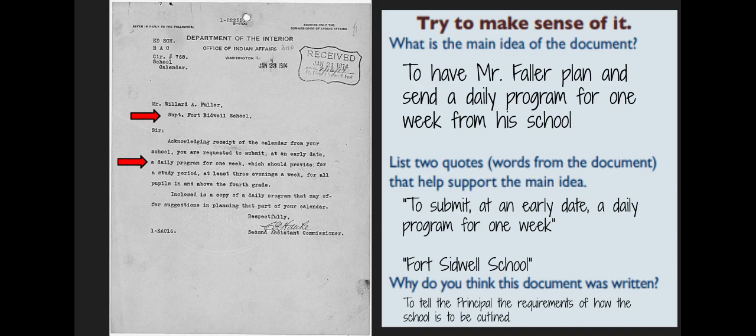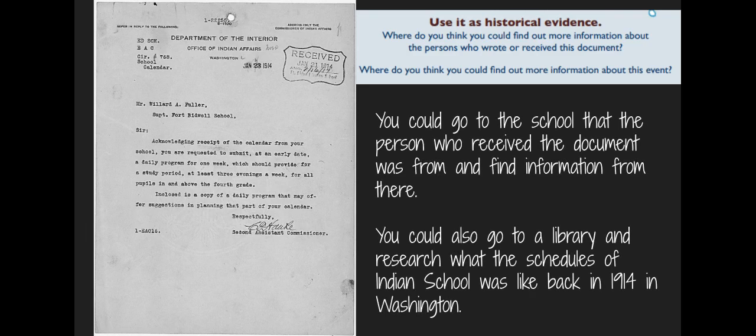Okay. And then we're going to use it as historical evidence. Where do you think we could find out more information about this event? Or where do you think we could find out more information about the persons who wrote or received this document? Well, I could go to the school that the person who received the document was from and find information from there. I mean, I have the name of the school here, right?